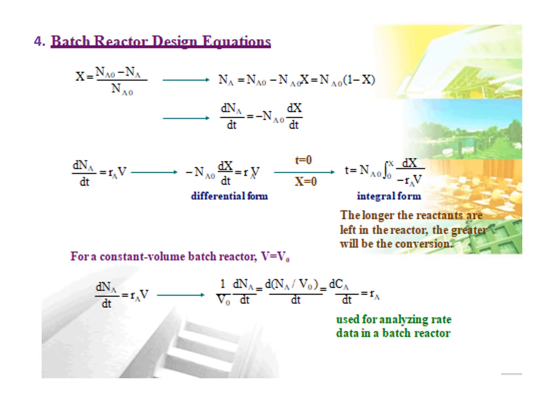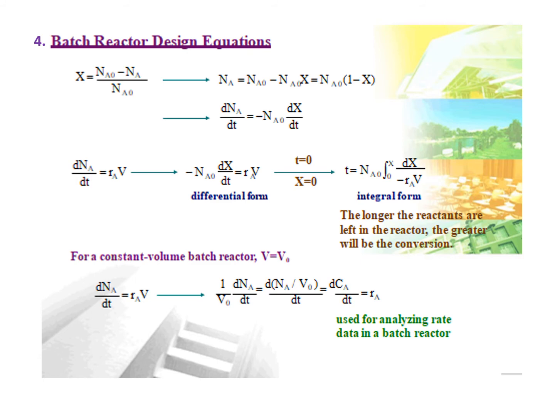Then we'll find the integral form of this batch reactor design equation, that is t = NA0 times the integral from 0 to X of dX upon minus RA V.